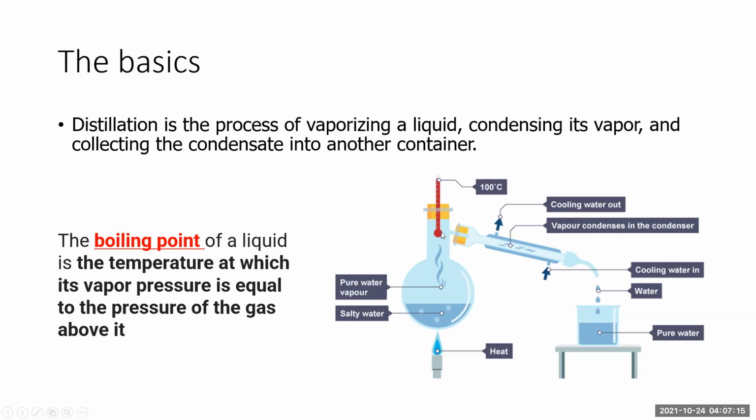Eventually that vapor will reach a thermometer or some device typically used to measure the temperature. You'll see in the lab that we do, we're going to use a different method for monitoring the temperature. But this would be just an example of a simple thermometer. And you can see it's at 100 degrees Celsius because it's water that is reaching the thermometer and boiling.